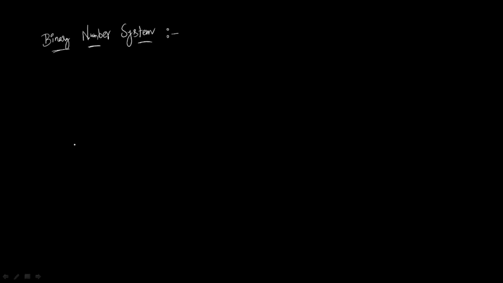Okay, so in this class, we will see basically three things. What is meant by a binary number system? What are the characters or bits or digits used in a binary number system?